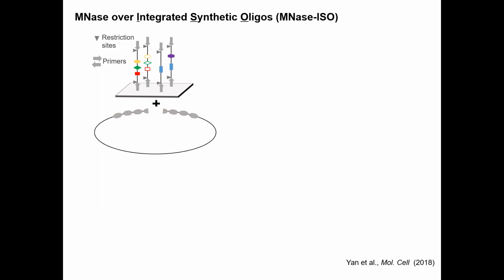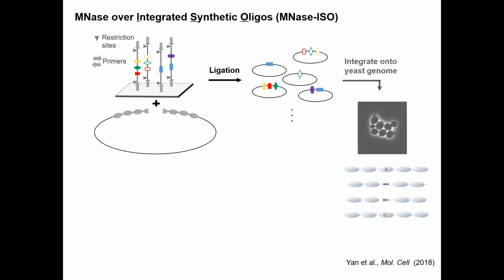We ligated these oligos into a plasmid background containing the rest of the HO promoter. And that generated a plasmid library. And then we integrate these plasmids into the yeast genome at a specific genomic location through homologous recombination. So this is definitely one advantage of using yeast, because this kind of genetics is easy to do.